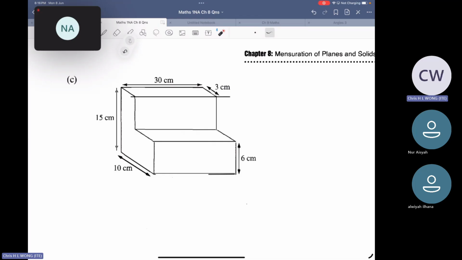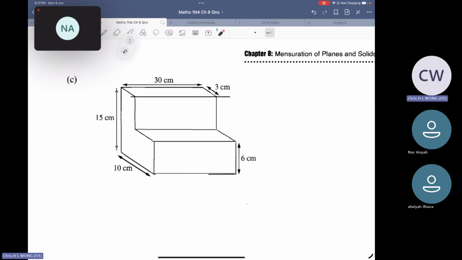Okay, let me tell you how many sides I calculate. 1, 2. I calculate 3 sides only. I can find the total with you. I just have to calculate 3 sides.